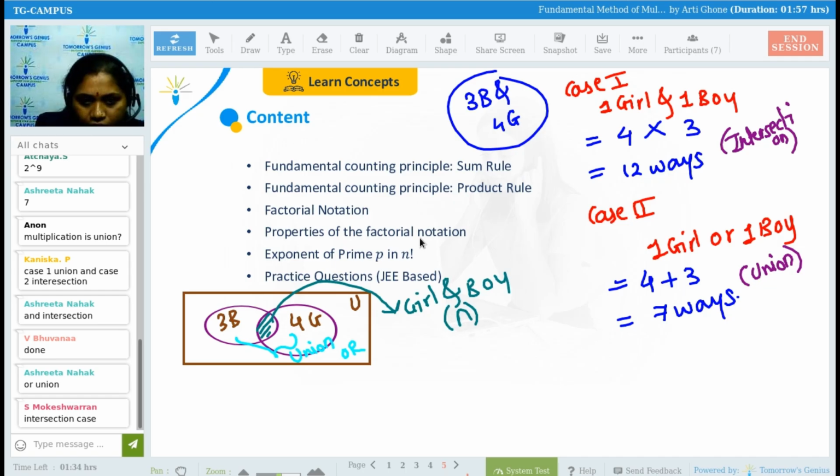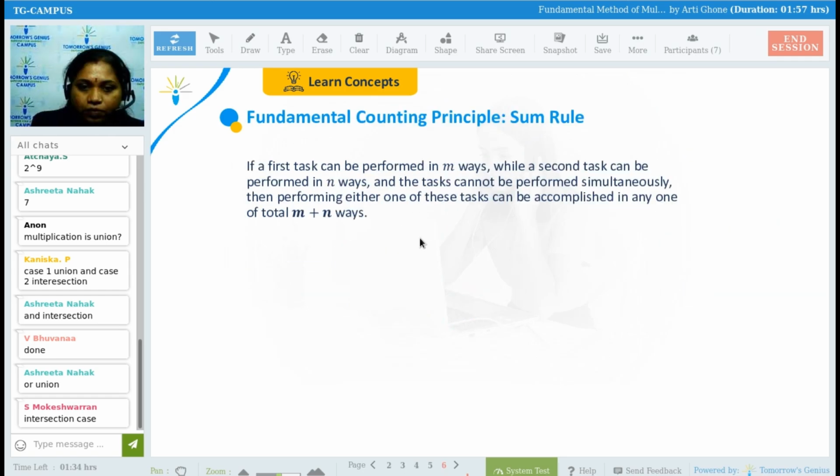So we'll have a look at the fundamental counting principle. See, if a first task can be performed in M ways, while the second task can be performed in N ways. This is the official definition I am explaining. It is in your textbook. That's why I'm keeping it, otherwise no need. Now, the tasks cannot be performed simultaneously.